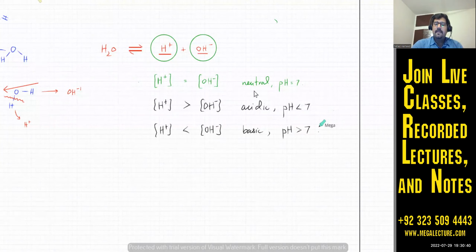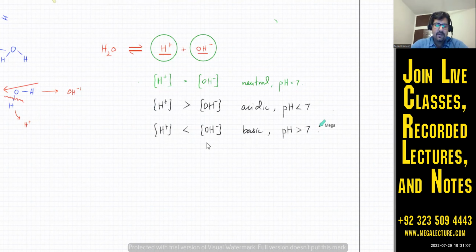So it can either be neutral, that means you didn't add anything, you didn't make it acidic, you didn't make it basic. If you add an acid to it, the acid will produce a lot of H plus ions. If you add a base to it, the base will consume all the H plus ions. तो एक में ना H plus ज्यादा हो जाएंगे, the other one the H plus will decrease and the OH ions will be higher.